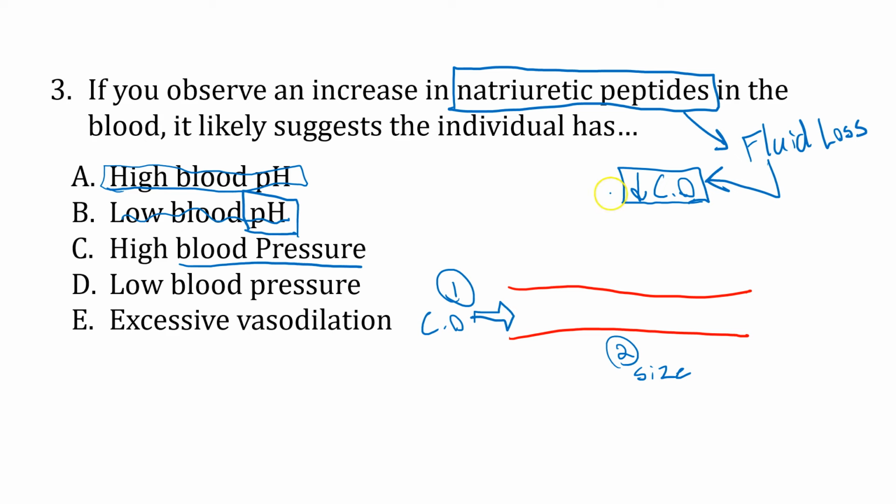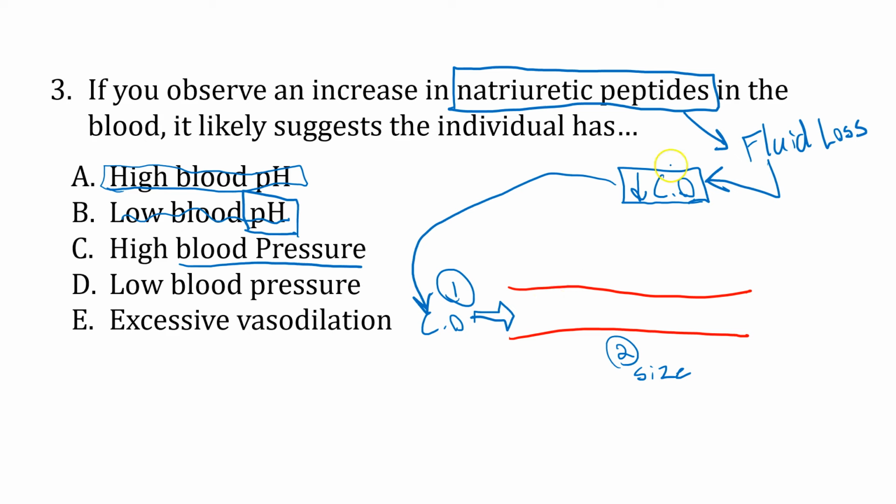And so we're told that we're decreasing the cardiac output. So you have to try and remember, okay, if I decrease how much flow is going into a vessel, how does that affect the blood pressure? In these types of things, I usually imagine two scenarios. One where there's a vessel that has hardly any fluid in it, and it's the same size as a vessel that has tons of fluid in it. Which one would you think would have more pressure? The answer is the one with more fluid in it.